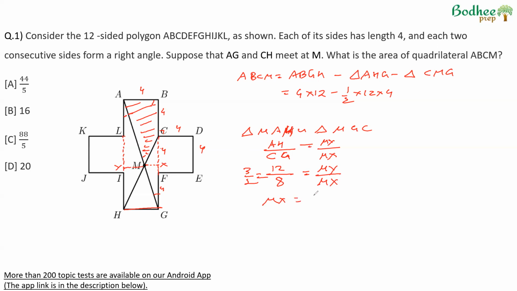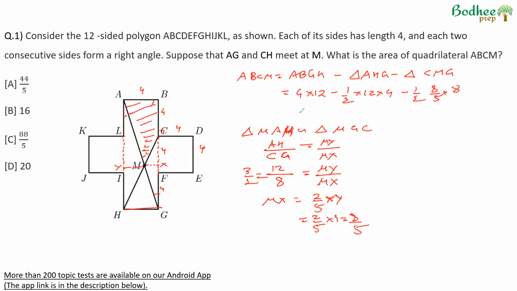So MX will be 2 by 5 of XY, 2 by 5 times HG, or 4. So this becomes 8 by 5. And therefore, for triangle CMG, we can say area will be half times MX, which is 8 by 5, into base, which is CG or 8.